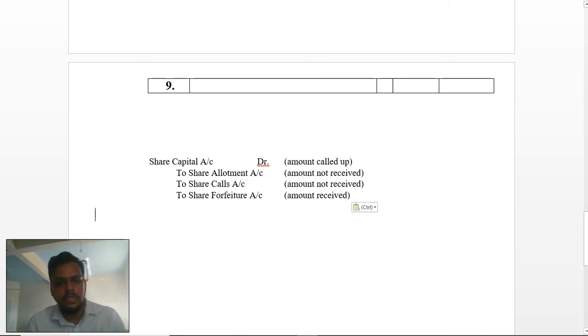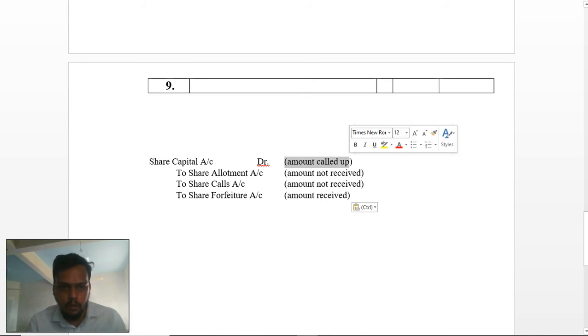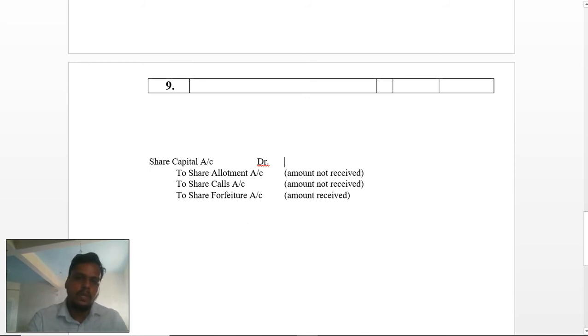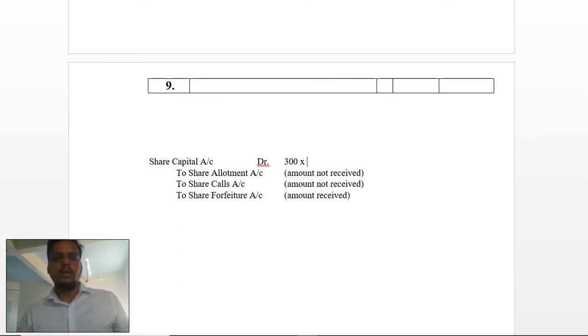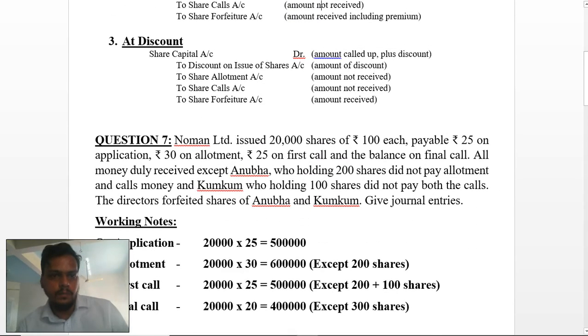Just making sure what amount has to be written here. First of all, we have to forfeit 300 shares, which cost 100 rupees each. It has been mentioned in the question, 100 rupees each.